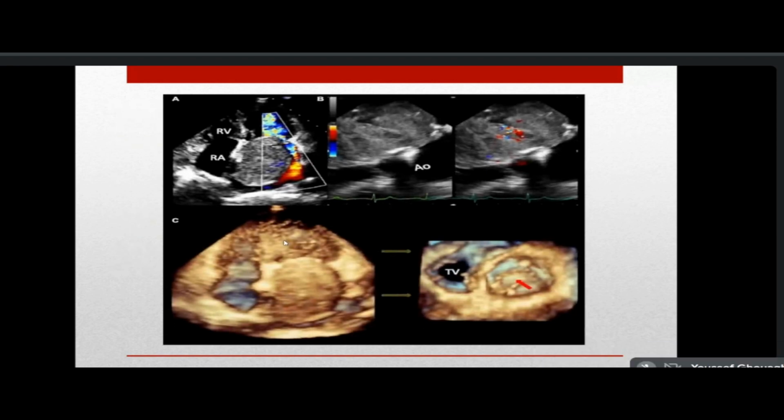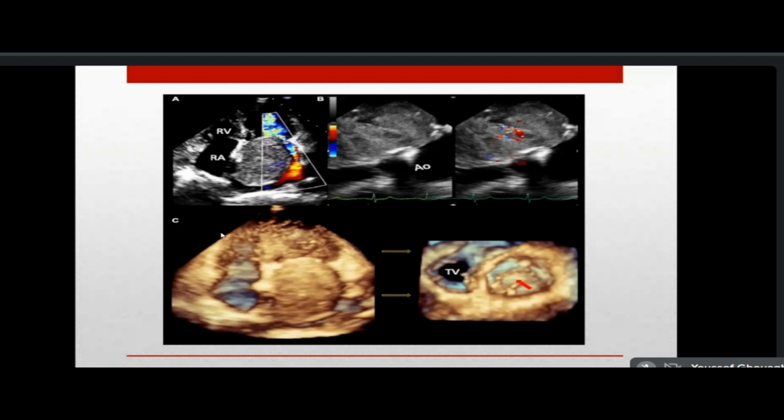This image shows a 2D and 3D transthoracic echocardiogram. As you can see here, we have the four chambers of the heart: left atrium, right ventricle, and left ventricle. Also here, the left atrium, left ventricle, and the right atrium and the right ventricle.